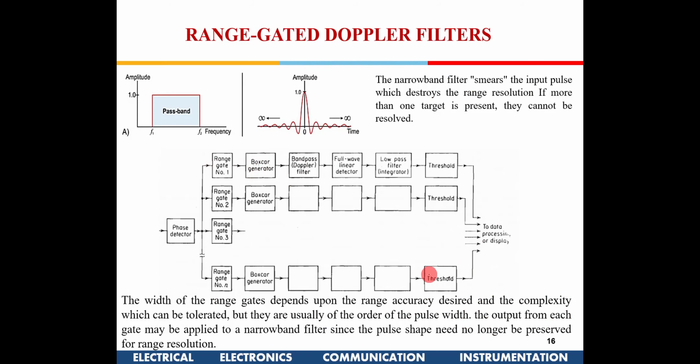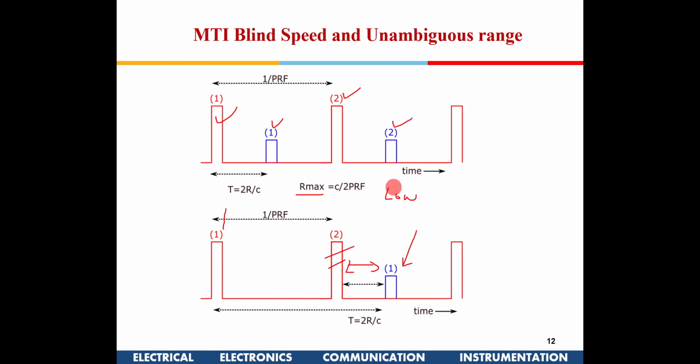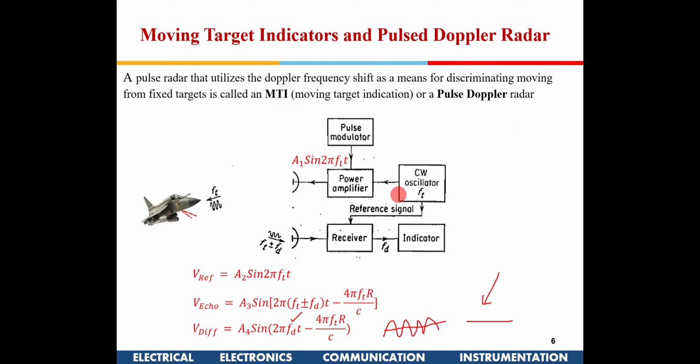This is the last thing in Doppler in today's class. This is known as range gated Doppler filters. Doppler filters are nothing but a pass band filter. If I see the block diagram here initially, I have an FD.